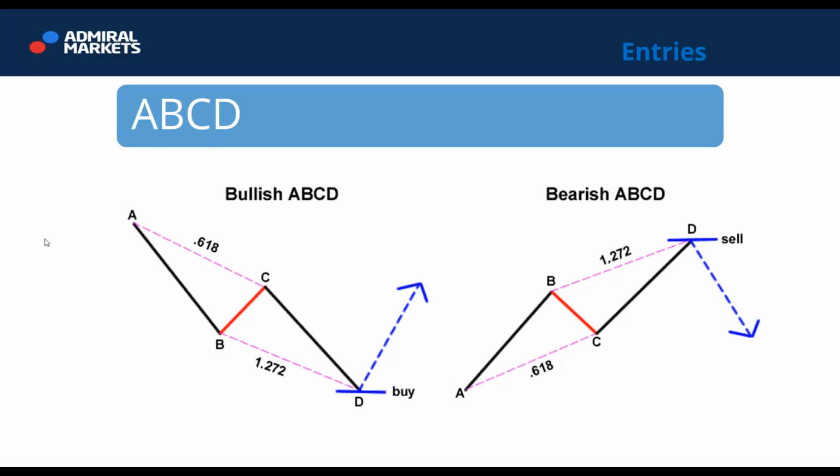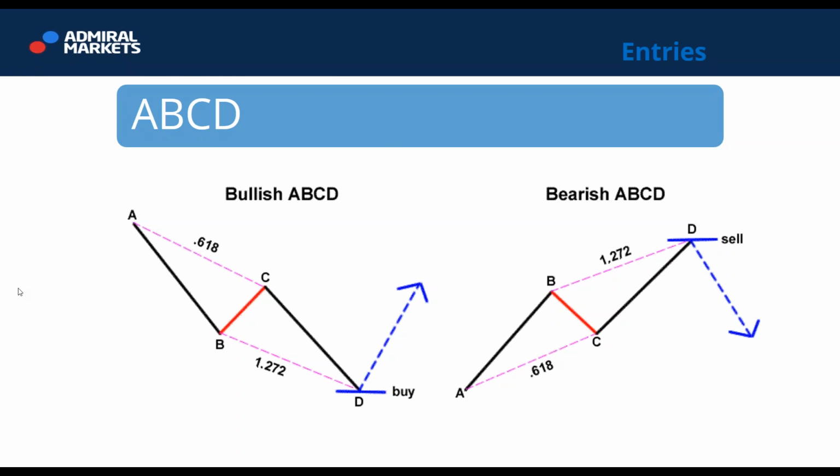But ABCD is a little bit different, guys, from standard trading because it uses some measurements, like the distance from A to C should be 61.8, from B to D should be 127.2, and then when you connect it here, you get a buy opportunity. Same with a bearish ABCD.